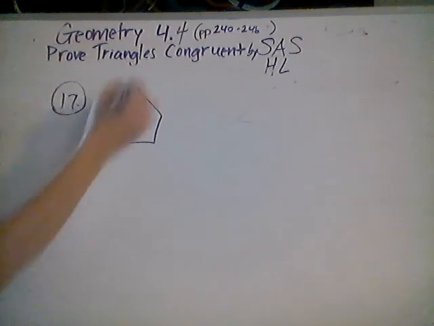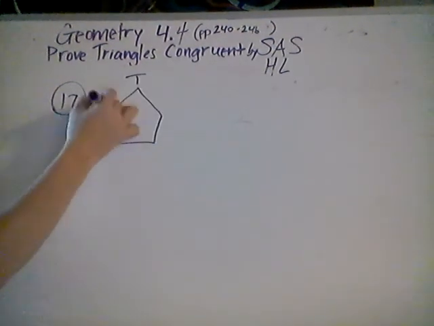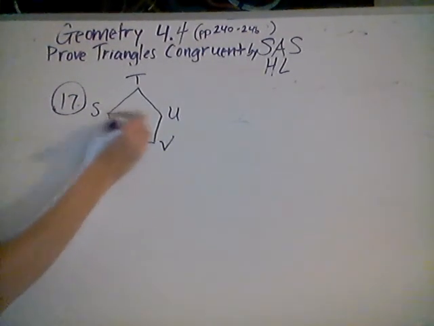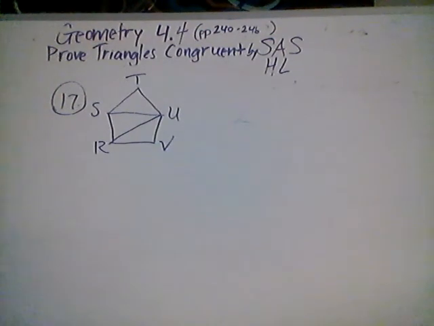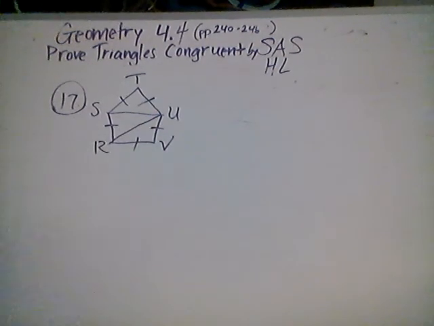This regular pentagon is labeled RSTUV, and it is marked with a couple of triangles here. It asks you to name two triangles that are congruent and explain your reasoning. Anytime they put the word regular in front of a shape, like a pentagon, you know that all the sides are equal. So every side on the outside is equal.